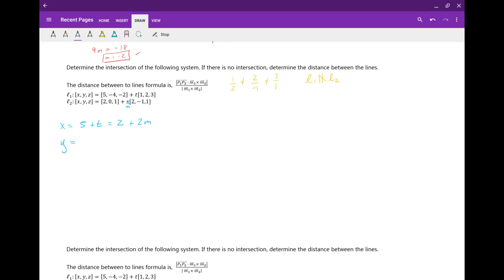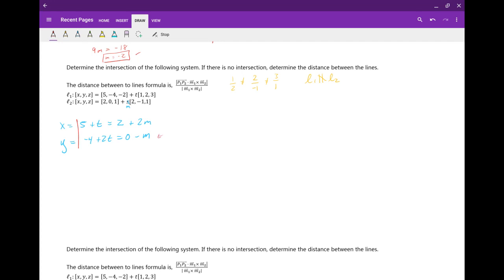My y component is -4 plus 2t, and my y component here is 0 minus m. Now I'm going to solve for t and m in these two equations, and then plug the solution into the z components. I think in this example we're going to see that the z components are not equivalent. But let's try it out.